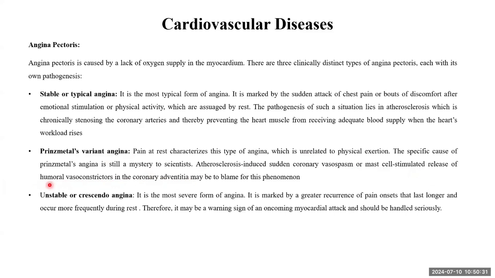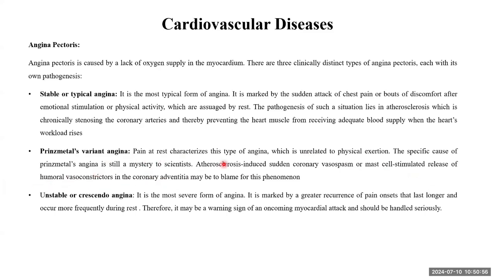Sometimes there might be mast cells. Mast cells are a type of white blood cell, or I would say eosinophils, that get stimulated and they release certain vasoconstrictors. Vasoconstrictors are the chemical substances that make the arteries or the veins contract and make their lumens or their diameters narrow.